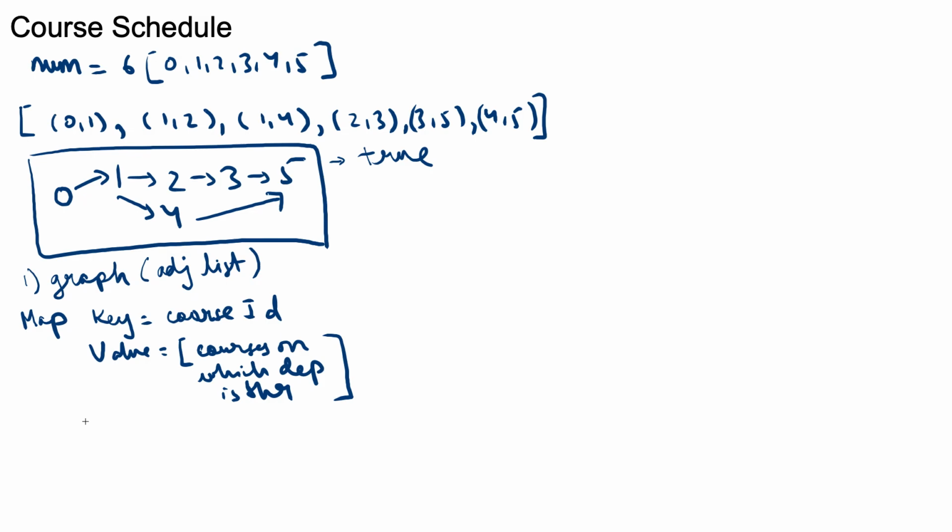So basically we have to iterate over the array which has been given, the input array, and then convert this into a map.